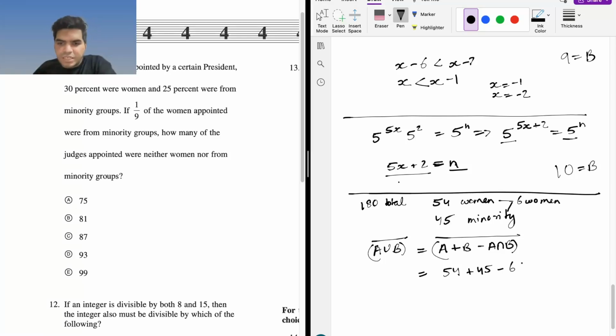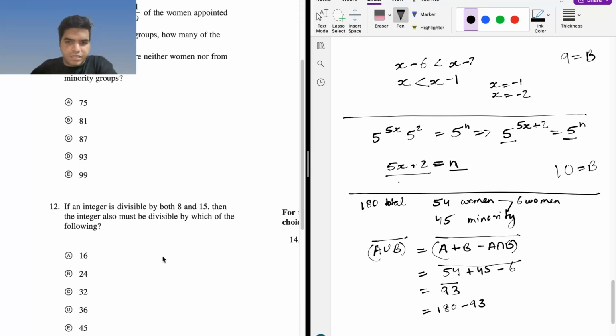That's why we are removing that. So that will be equal to 93. Correct? And negation of that. So negation means 180 minus 93. How much will that be? 87. So option C is the correct answer. So 11th question, C part.